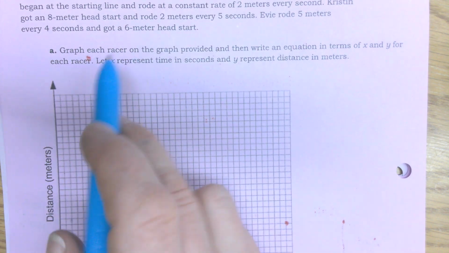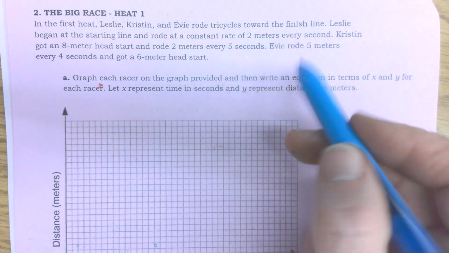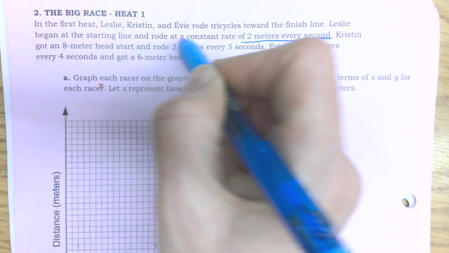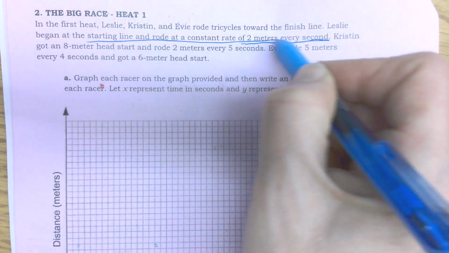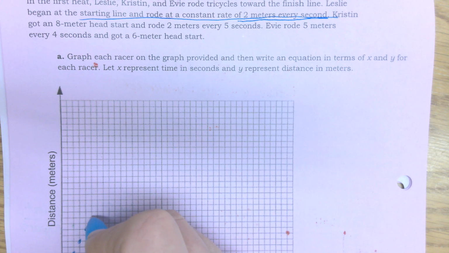And it says that she rode 2 meters every second. So I'm going to do her in this blue color. That means up 2 over 1. Up 2 over 1. I'm going to continue this. Fill in your whole graph.